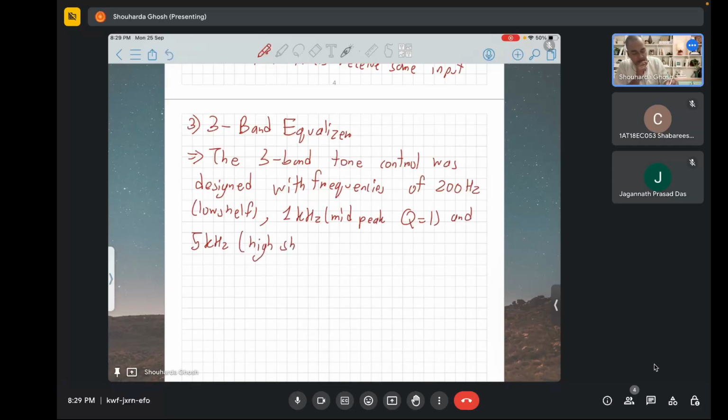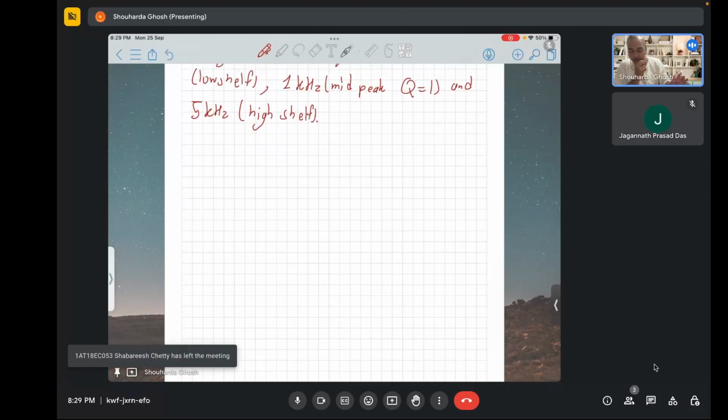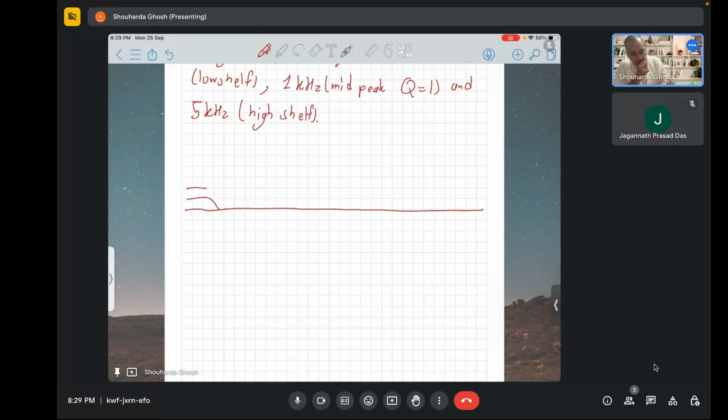high shelf. The kind of diagram that was given in the class lecture was a bit different. What we had was the gain in dB: 0, plus 6, plus 12, minus 6, minus 12. This is the low pass filter with cutoff fc1.